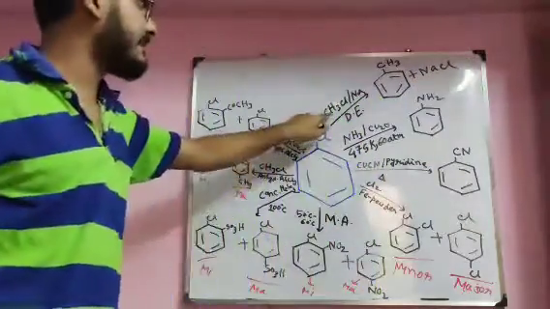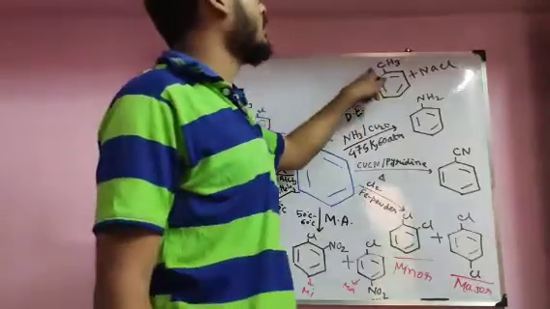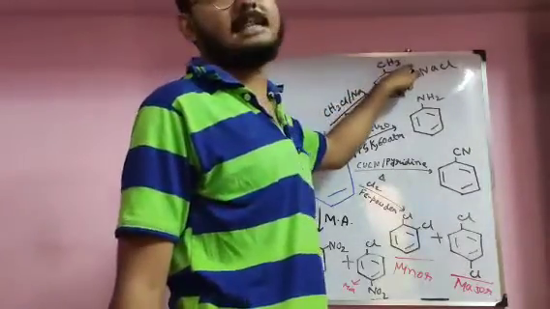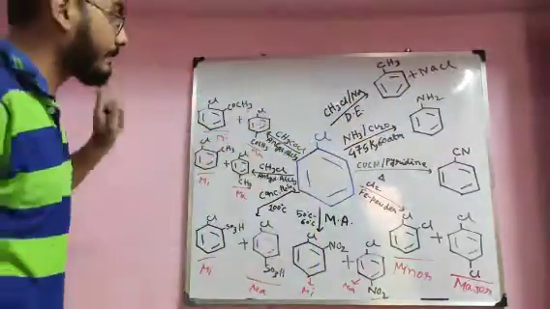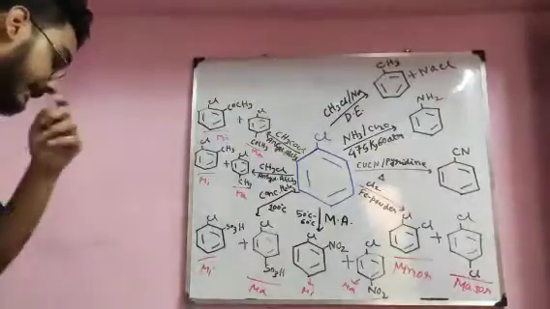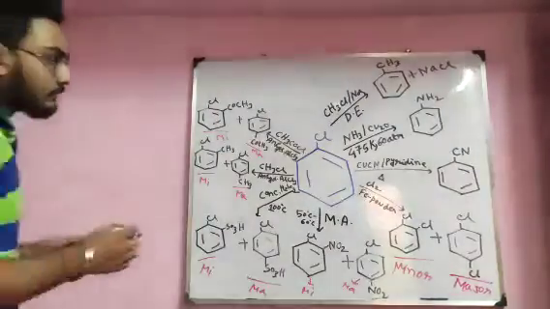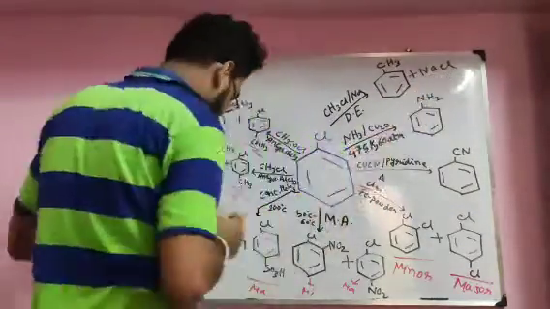If we give CH3CH2Cl, then the product will be CH2CH3, this is ethyl benzene. Okay. This is known as Wurtz-Fittig reaction.